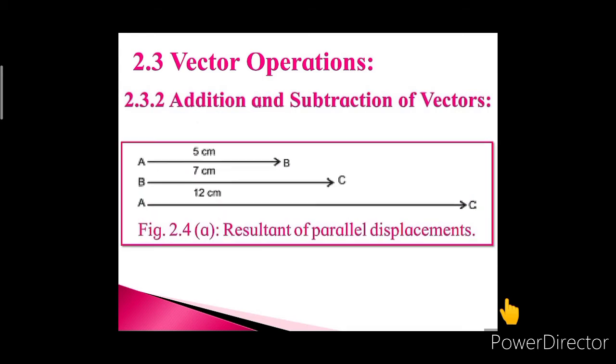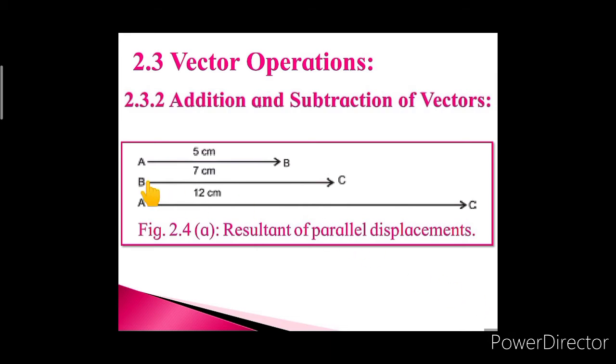Now it is easy to find the addition of vectors AB and BC having the same or opposite direction but different magnitudes. If individual vectors are parallel, as you can see in this figure, that is in the same direction, the magnitude of their resultant is the addition of individual magnitudes.